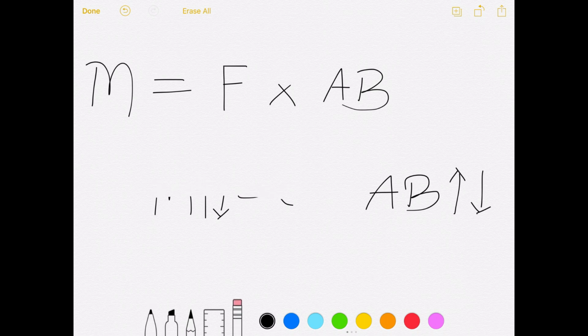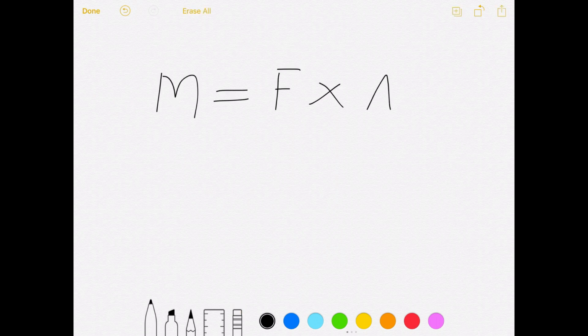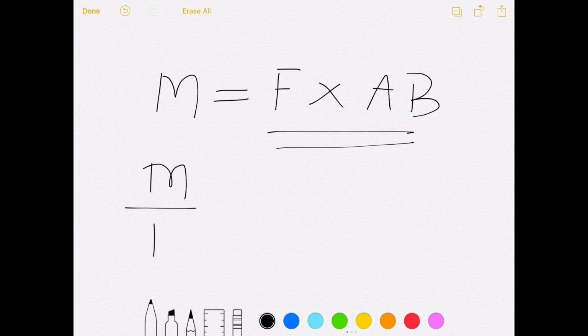And if we want to compare, from M is equal to F into AB, the relation between the force and the perpendicular distance between the pivot and the line of action of force, we can say that M upon F equals AB.